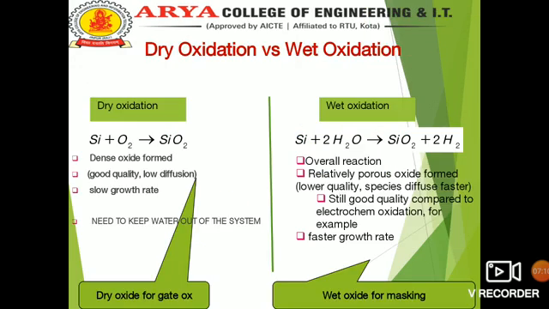And this is the difference between dry oxidation and wet oxidation. In dry oxidation, silicon plus oxygen, after reaction, gives SiO2 and a dense oxide is formed.